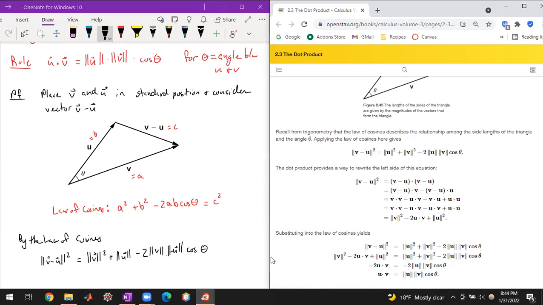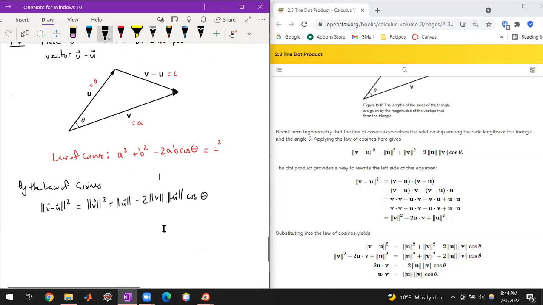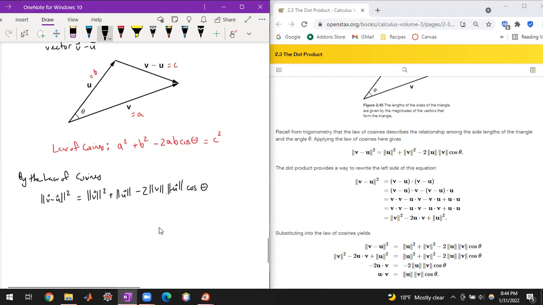So based on all the properties that we talked about before, we can also say that the magnitude of this vector squared is equal to that vector dotted with itself.